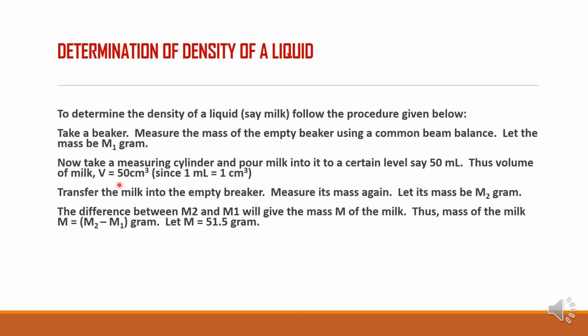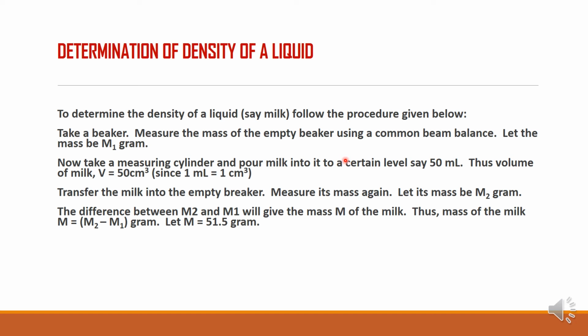Then what we do, we put some milk into it. Suppose say 50 ml of milk into it. And then again you take the weight of this. Suppose the measurement comes to 150 gram. So that means how much milk is there? The empty beaker was 50 gram, and now with the milk it is 150 gram.